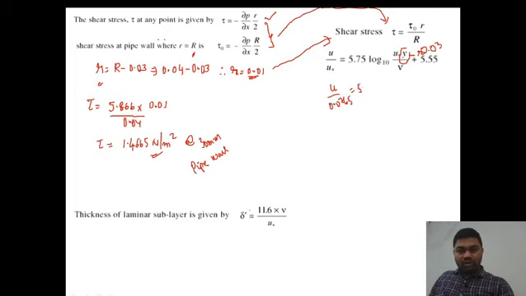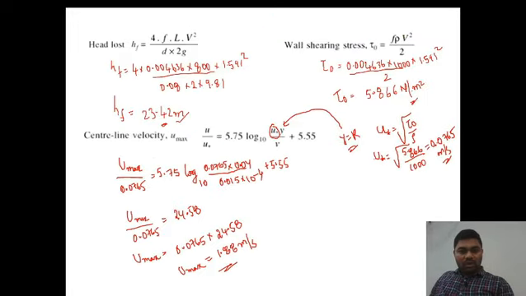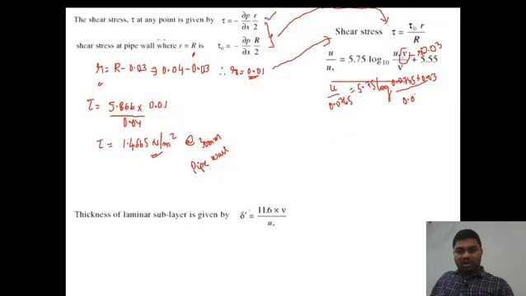So u by 0.0765 is equal to 5.75 log of u star, 0.0765, into y, 0.03, by kinematic viscosity, 0.015 into 10 to the power of minus 4, plus 5.55.